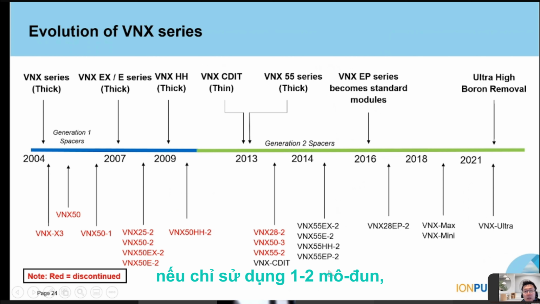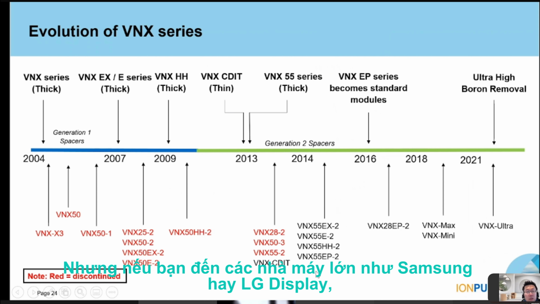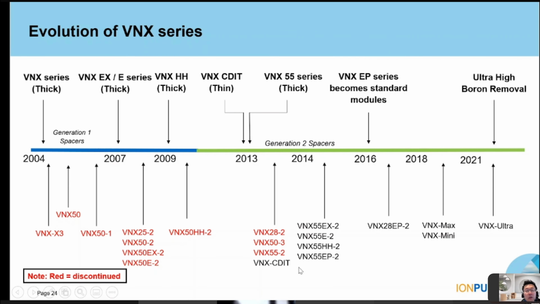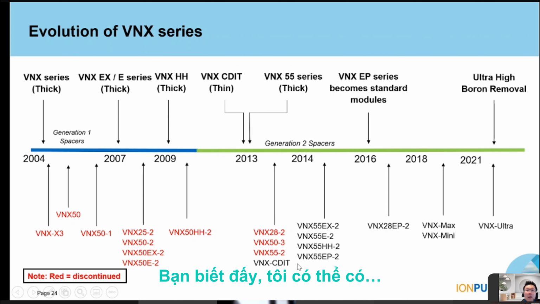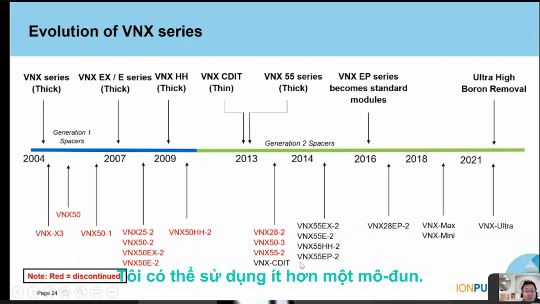That's because if you need only 1 or 2 modules, you will not see a lot of need for the 5 GPM. But if you go to Samsung or LG Display, if you have 6 modules, 6 times 5 is 30 GPM more. So there will be a flow rate where I can make use of 1 less module.